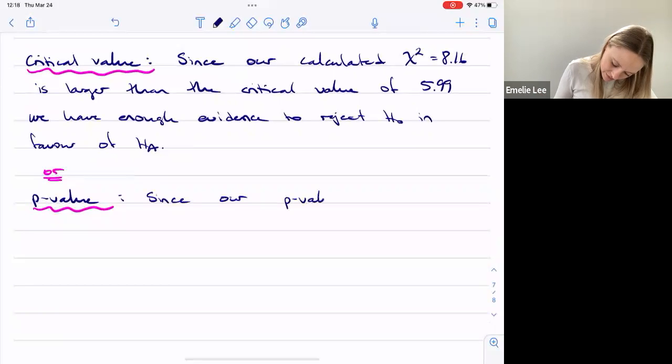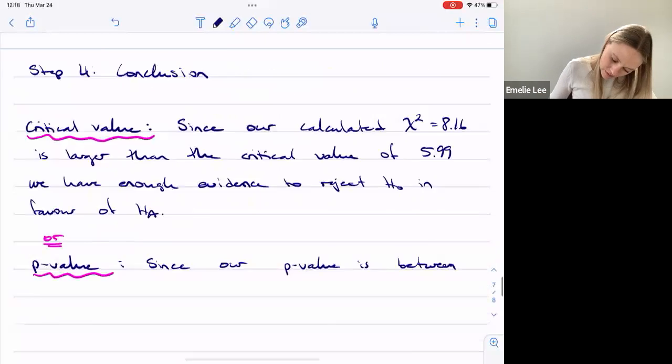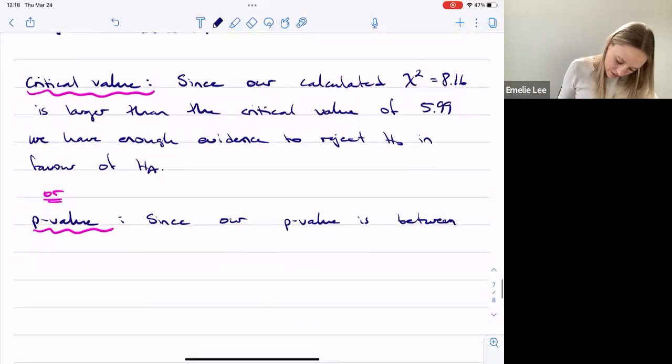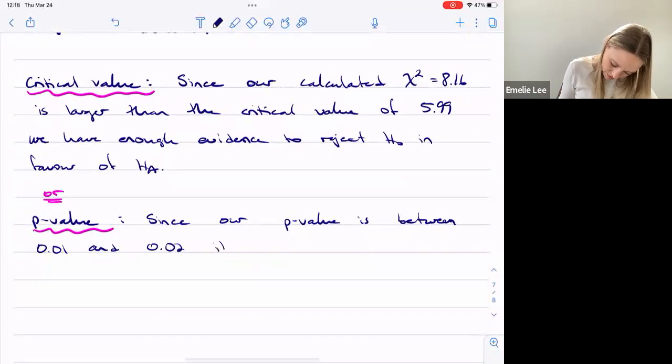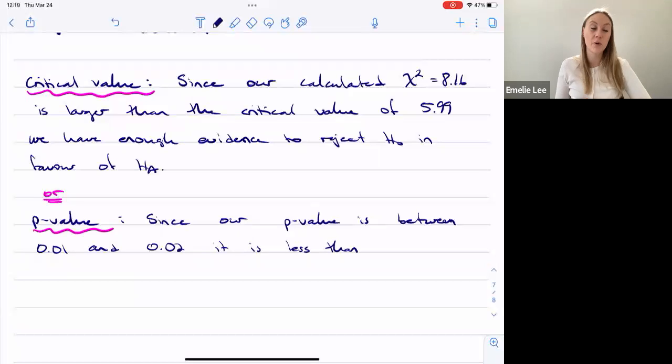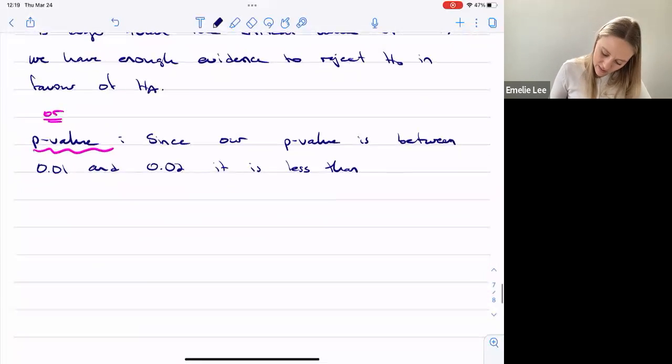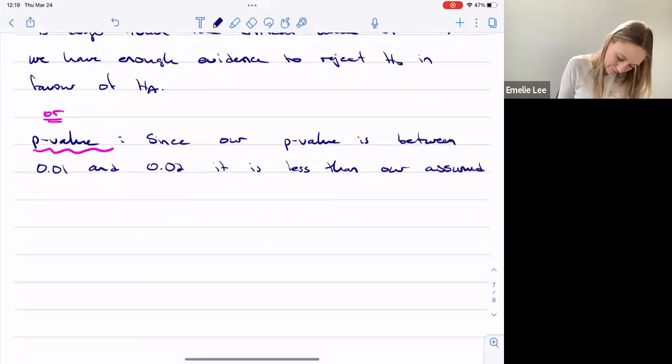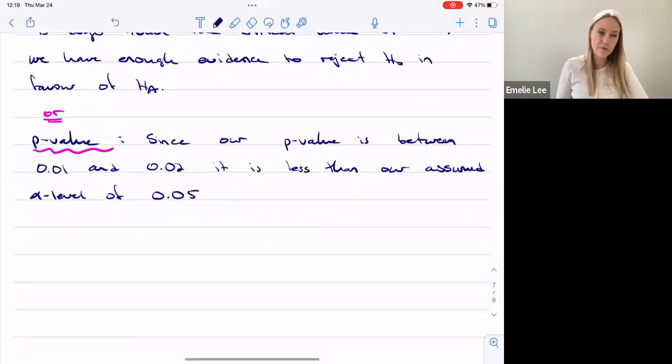So, using the p-value, since our p-value is between 0.01 and 0.02, it is less than our assumed alpha level of 0.05, which means that we have enough evidence to reject H0 in favor of HA.